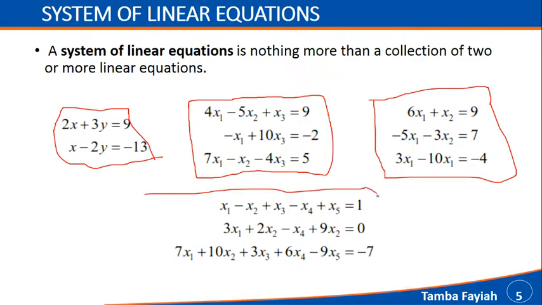Here is another system of linear equations with 5 variables, x1 to x5, and 3 linear equations. So a system of linear equations has more than one linear equation. If you have just a single linear equation, then you just have a linear equation but not a system of linear equations. A system of linear equations has more than one equation, which are all linear.